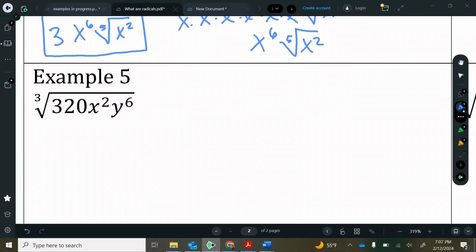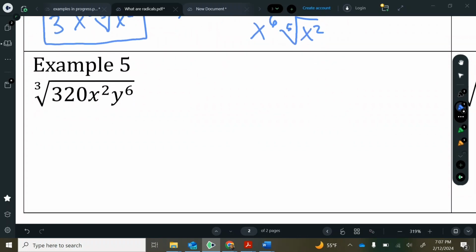Alrighty, a last one here is example number 5. And what we've got here, cube root of 320 times x squared times y to the power 6. So we've got inside of the radical, we've got a coefficient, a number, multiplied by 2 different variables. All right, well, we're going to do this one similar to what we've done here.